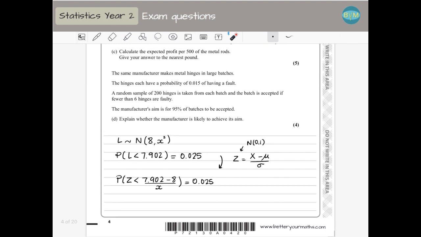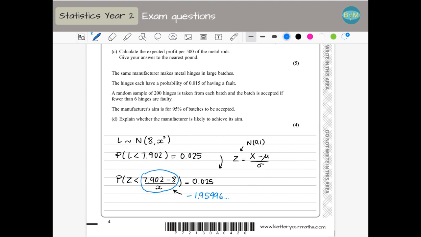And now we can go to the calculator, inverse normal, and find which value of Z, when Z is a normal 0, 1, has this area, this probability. If we go to the calculator, inverse normal 0, 1, and this area, we find that the whole thing will be minus 1.95996, something else.